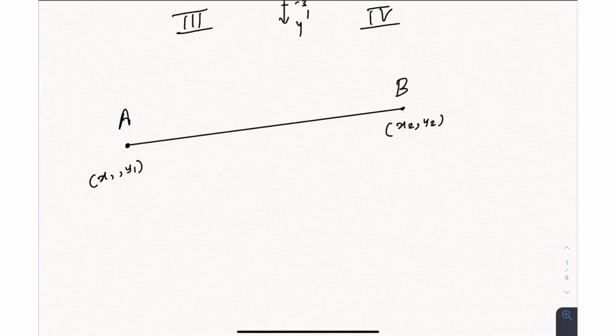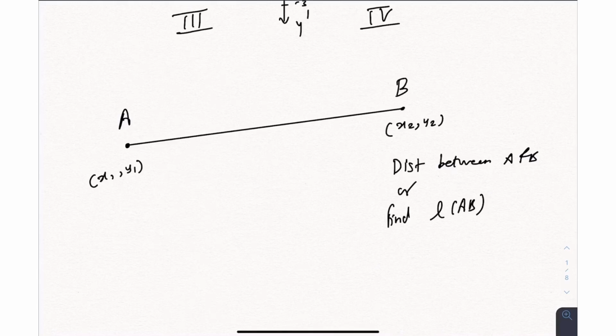Suppose we have to find the distance between A and B. The question can be find the distance between A and B, or they can ask you to find the length AB. These are two different types of questions they can ask: distance AB or length AB.